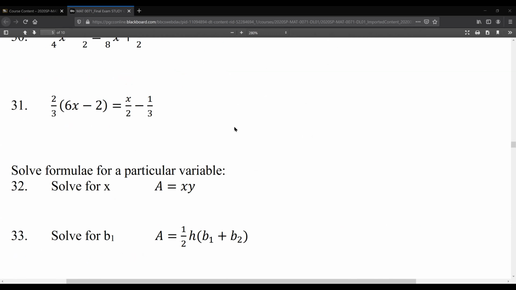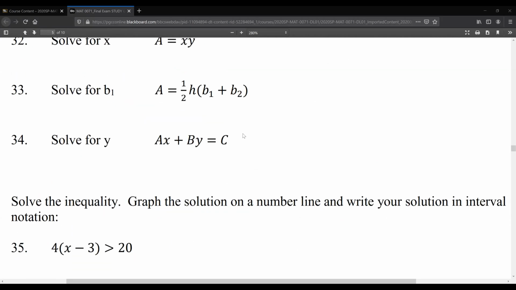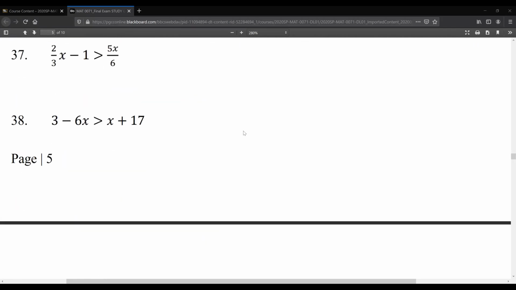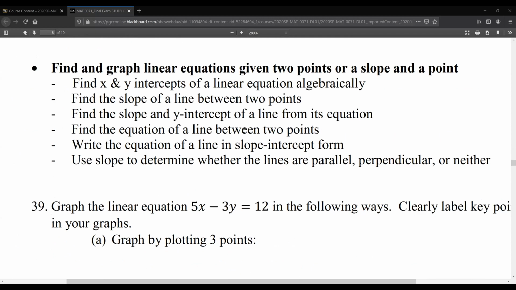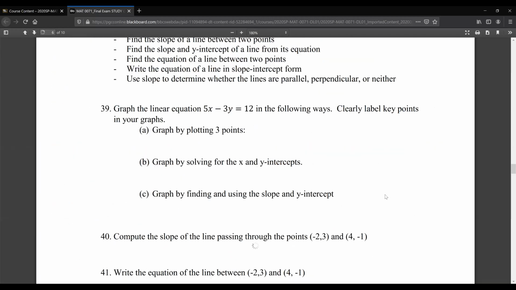Where are the graphs at? Number 39 through 45. We won't look at all of them, of course, and this is just graphing stuff.